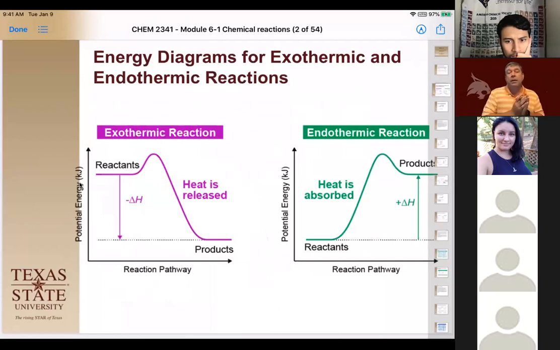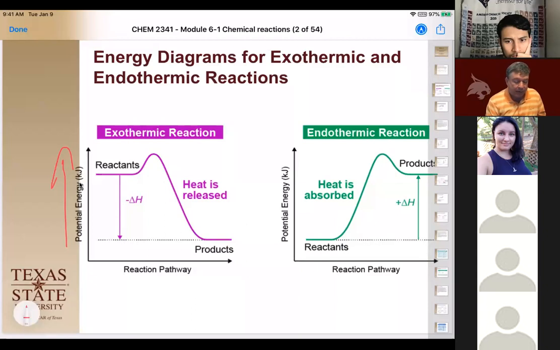We can think about the reaction pathway as just following one molecule as it goes through all the different changes it makes during a reaction. So in this case, we have potential energy. And you can think about this as all the different bonds that are added together. They each have a little bit of energy associated with them when you form them. And when you break them, you have to give up some of that potential energy. You have to absorb energy to get them to do that.